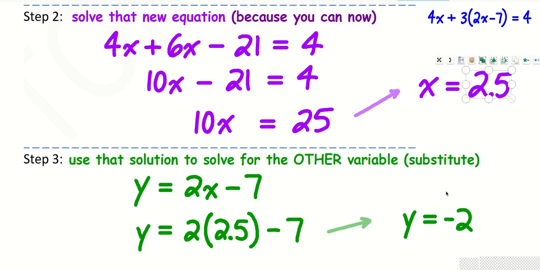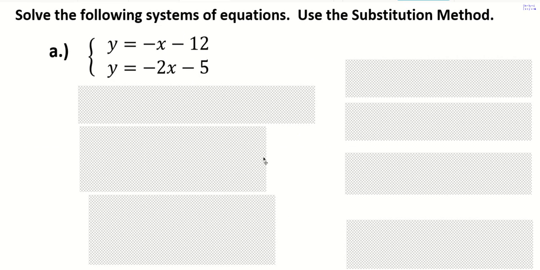At 2.5 comma negative 2. Would you have been able to clearly see that with the graphing method? Maybe. But the substitution method is one of the more reliable, exact methods. No matter how ugly the answer is destined to be, no problem for the substitution method.